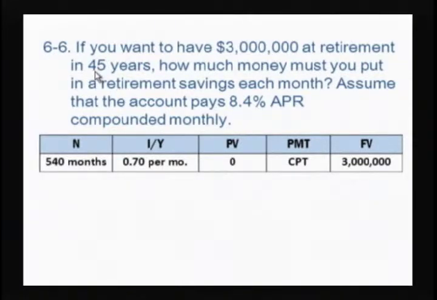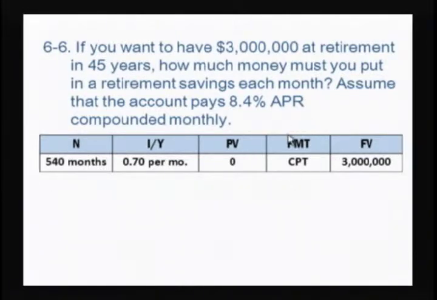Take the 45 years times 12 months per year, and you get 540 months. Take the 8.4% APR and divide it by 12, and you get 0.7% per month as your monthly rate. You want to accumulate $3 million at the time you retire, 540 months from now.